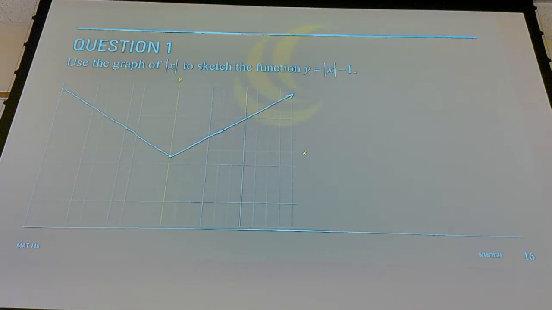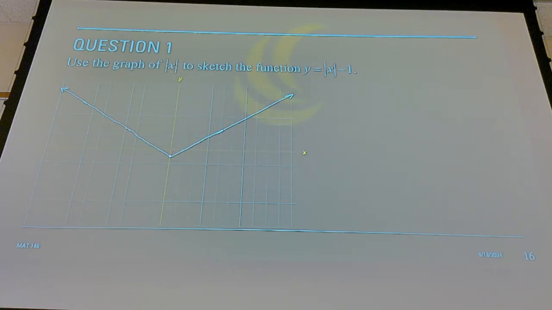So, there we go. For reference, again, it's just a sketch, so it doesn't have to be exact.